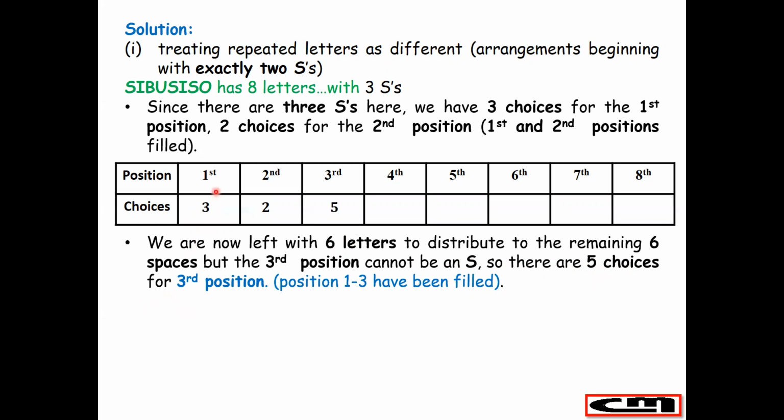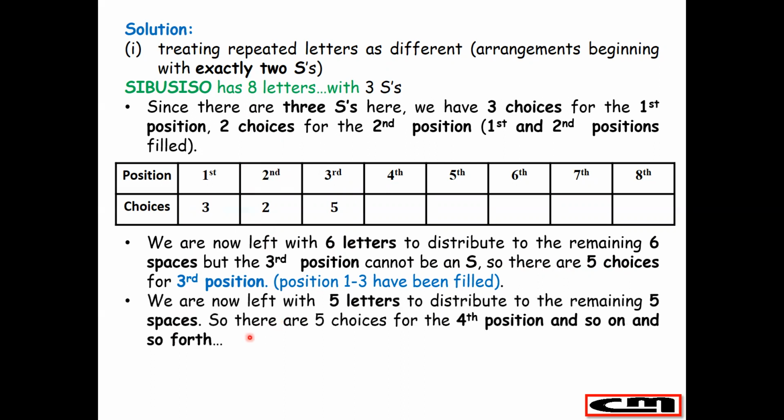So positions 1 up to 3 are filled. How many letters are left? We have 5, that is 8 minus 3. So we are left with the 5 letters to distribute to the remaining 5 spaces. So there are 5 choices for the 4th position, and so on and so forth.